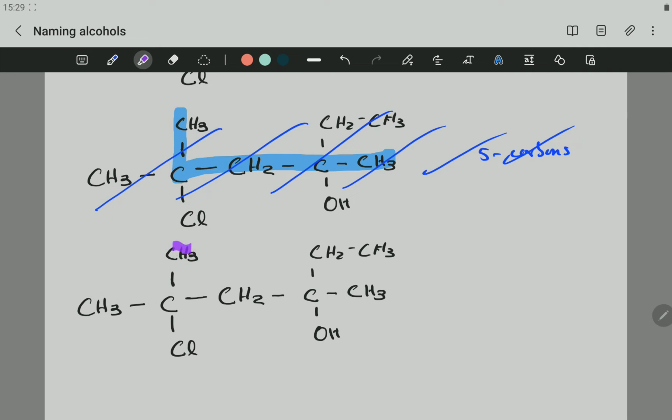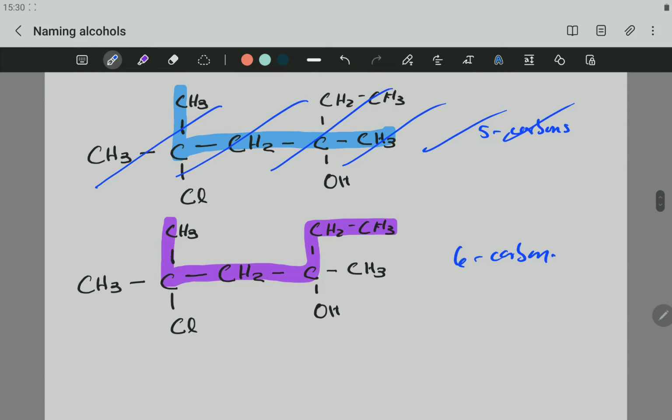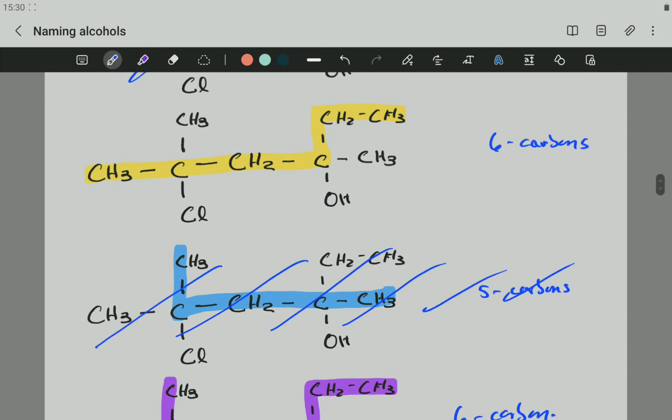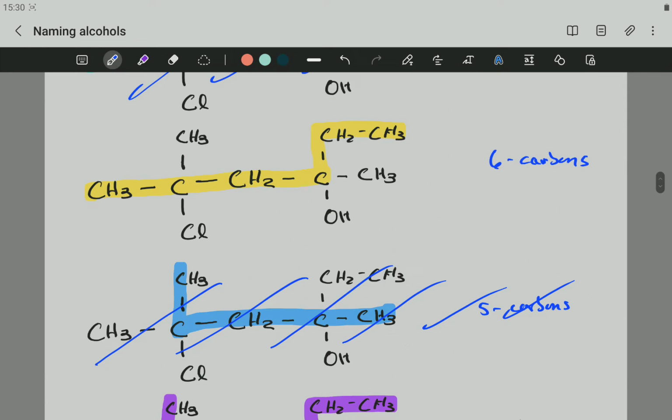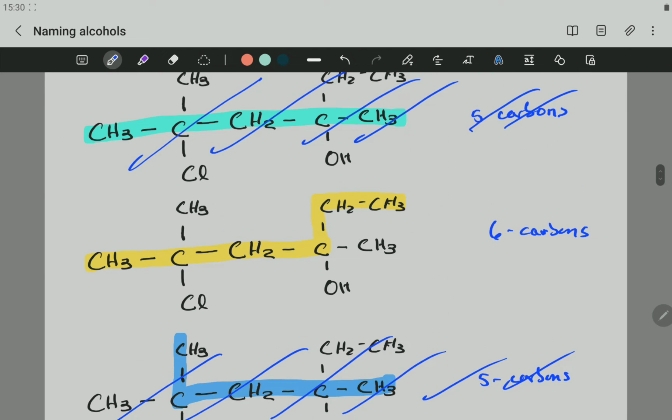That is another option. If we count there, we have 1, 2, 3, 4, 5, and 6 carbons. So we have two ways in which we have 6 carbons. I think the first one is easier because it's more straight. So we're going to take the first option, which has 6 carbons. Those are the options. Therefore, if we have 6 carbons, it's going to be hexane.